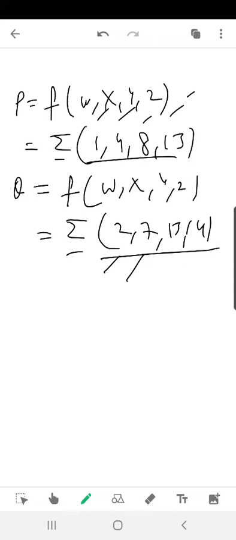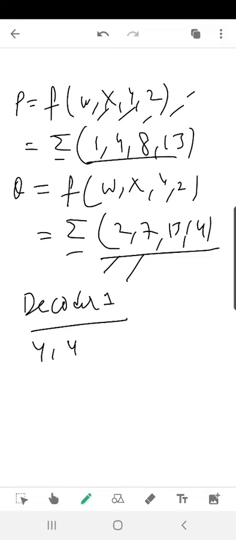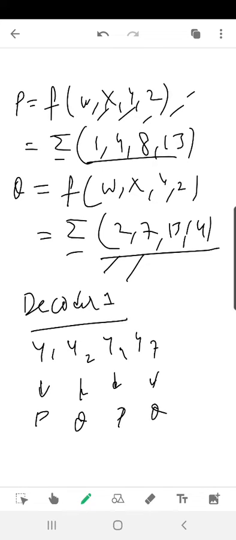So to implement this function, the pins which we will actually require will be from decoder 1. If I am talking about decoder 1, pin Y1, Y2, Y4 and Y7 will be used, where Y1 and Y4 are the pins to be used for function P, and Y2 and Y7 are the pins which will be used for function Q. Similarly, for decoder 2, we will have pin number 8, 13 and 14.